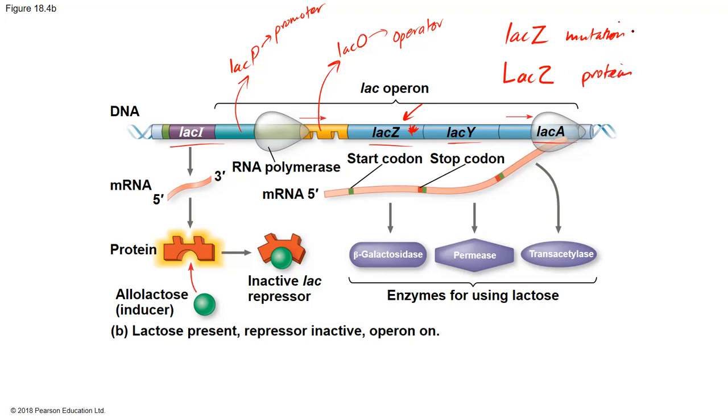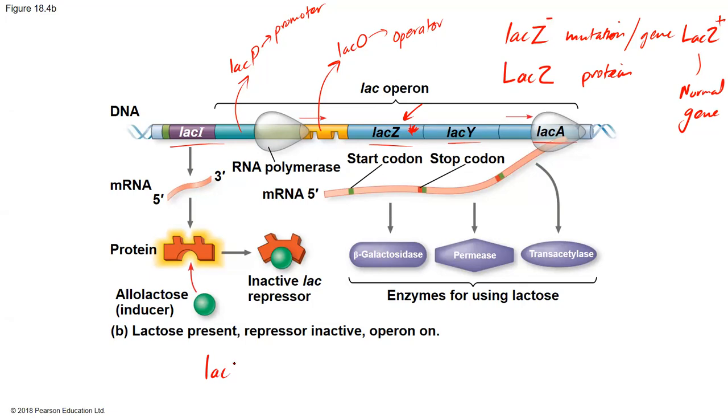So LAC-Z mutation, or if we speak about a gene, sometimes we might use LAC-Z minus for a mutation and LAC-Z plus for the wild type or normal gene. This is a mutant gene which has a mutation, LAC-Z minus. Okay?